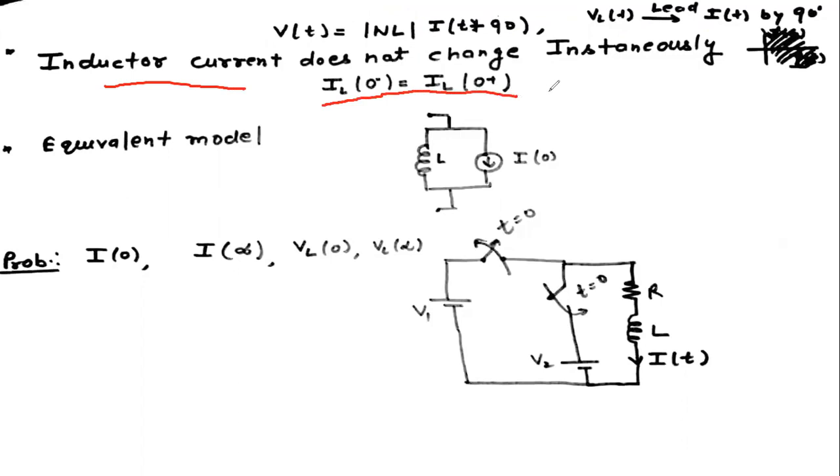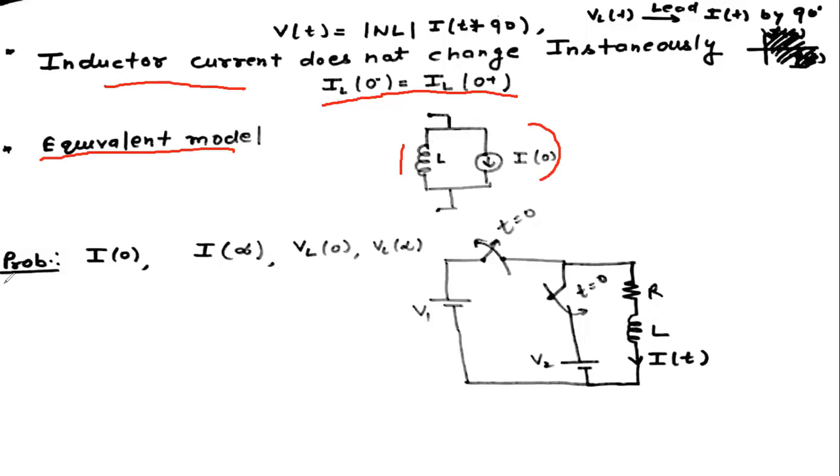In case of a capacitor, the voltage does not change instantaneously, so we assume the capacitor voltage is constant in the switching condition and the inductor current is constant in the switching condition. So whenever we draw the equivalent model of the inductor, we represent the initial current in parallel with the inductor, so the inductor L is in parallel with a current source.